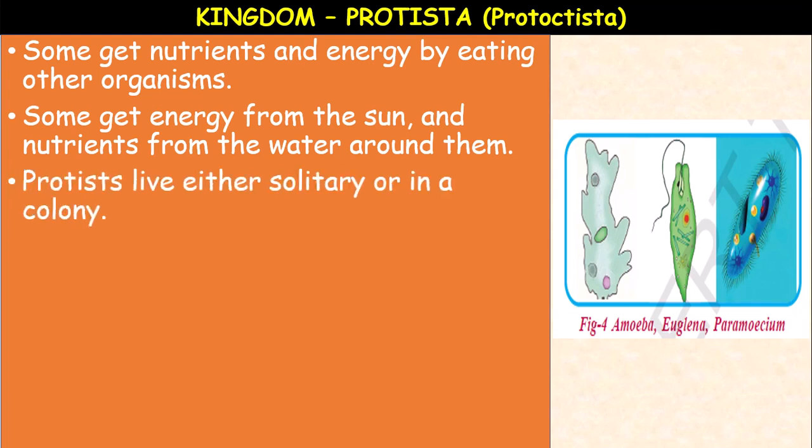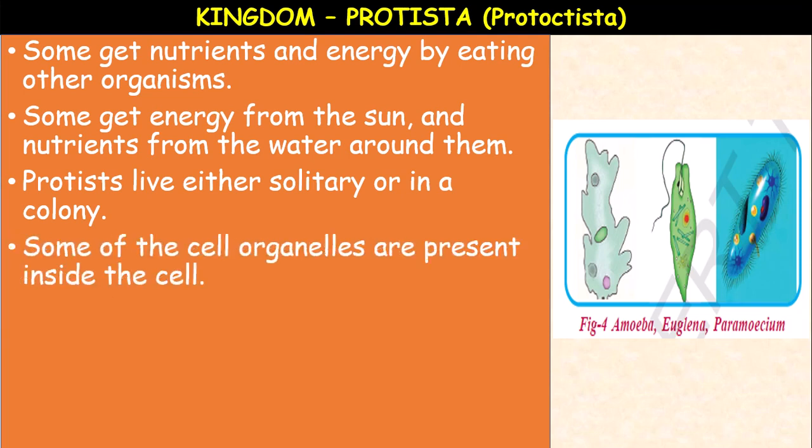The protists live either solitary or in a colony. They can live separately, freely. Solitary means free living. And some are colonial, live in groups. So some of the cell organelles are present inside the cell.